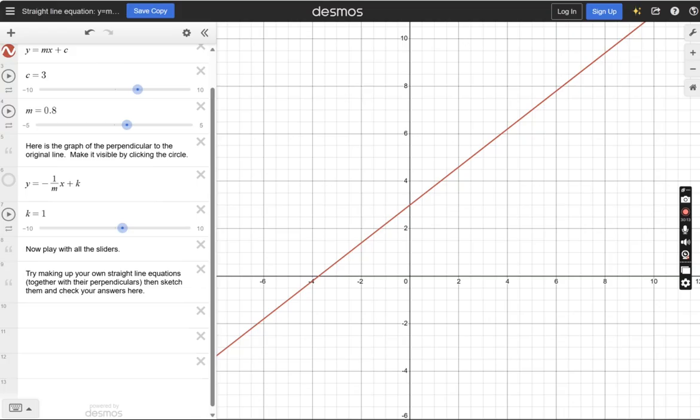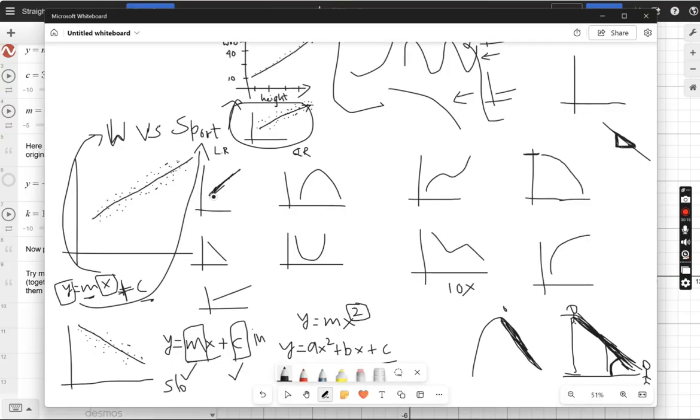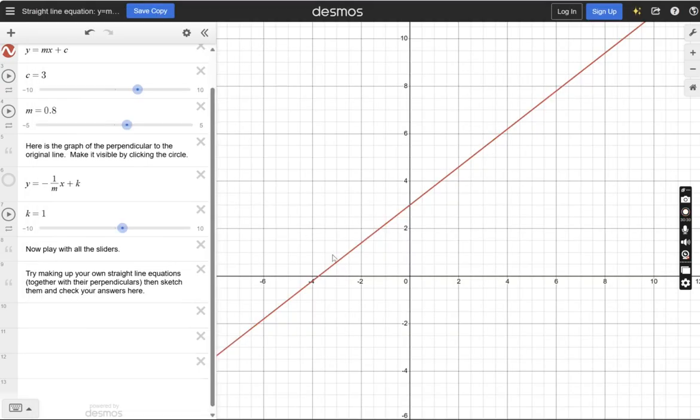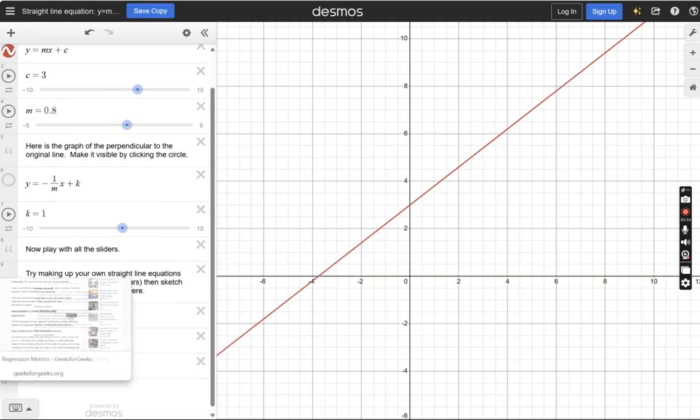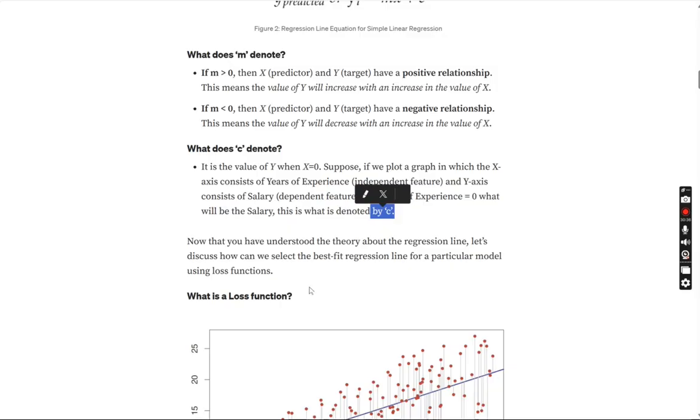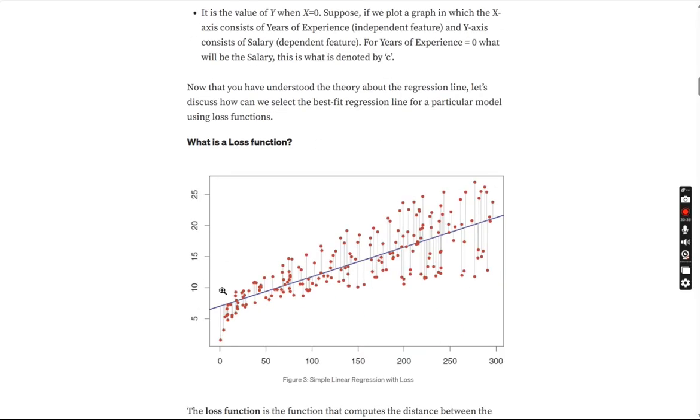So in your mind what you have to remember is, if the line is going from lower to upper, the slope will be positive, m will be positive. If the line is coming from top to bottom, m will be negative. That much you remember for now, that is more than sufficient. And the next concept you have to understand is loss function.